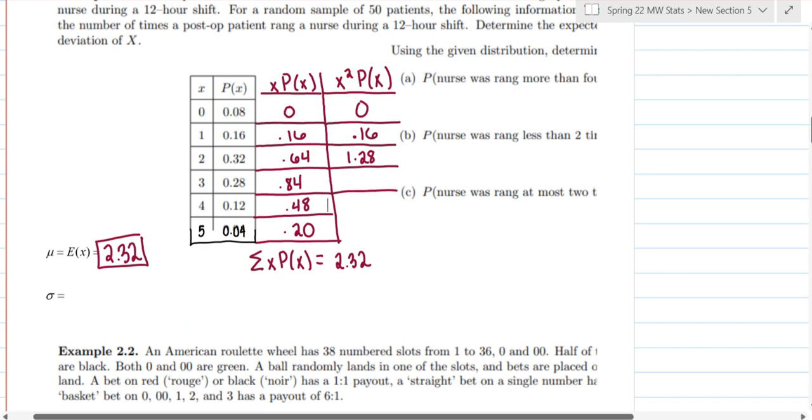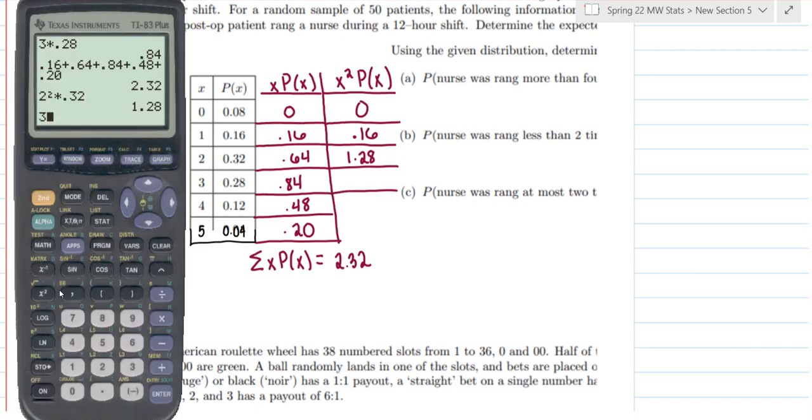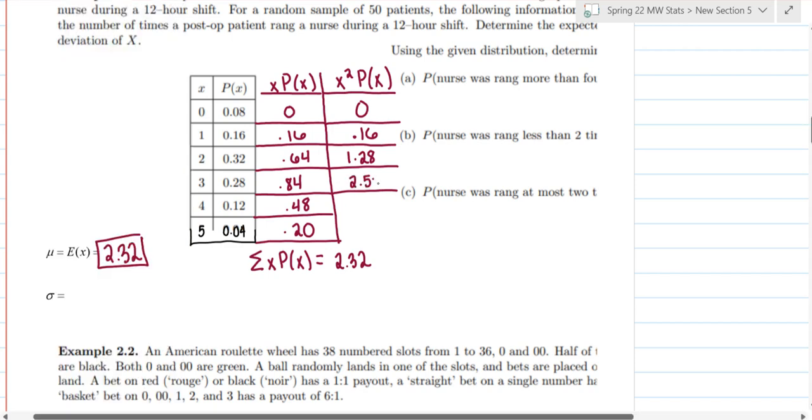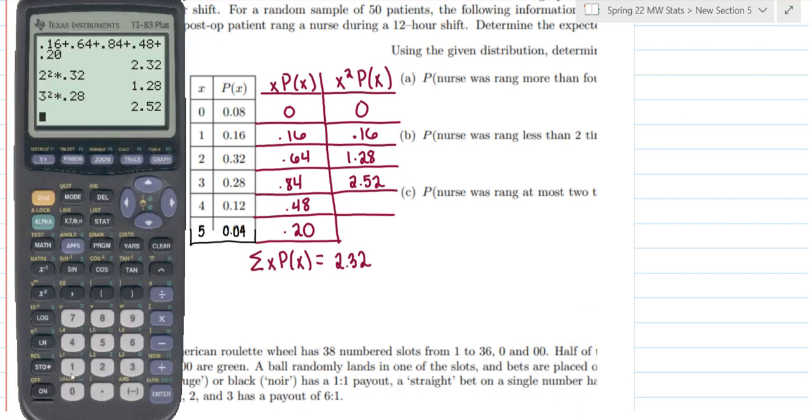Okay, then 3 squared times 0.28, 2.52. 4 squared times 0.12, 1.92.